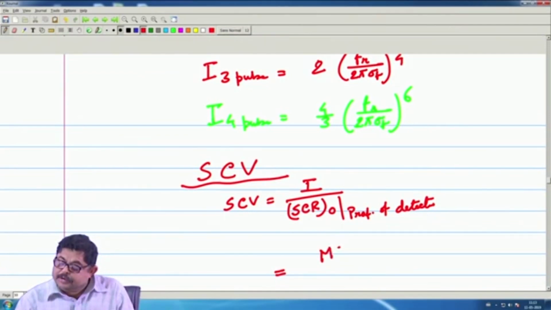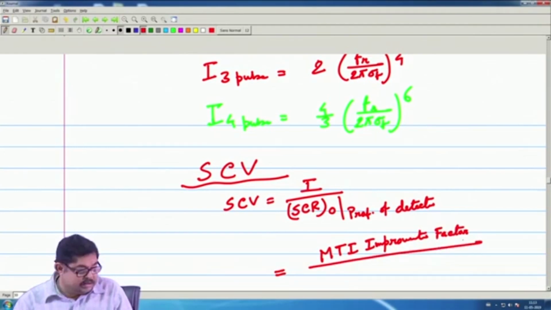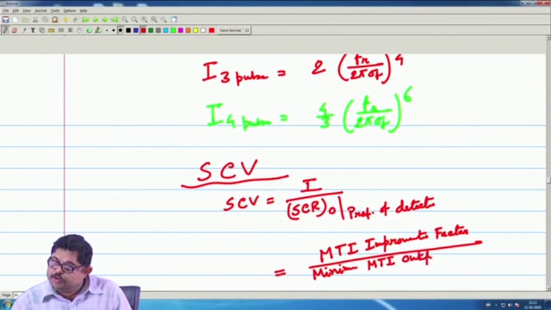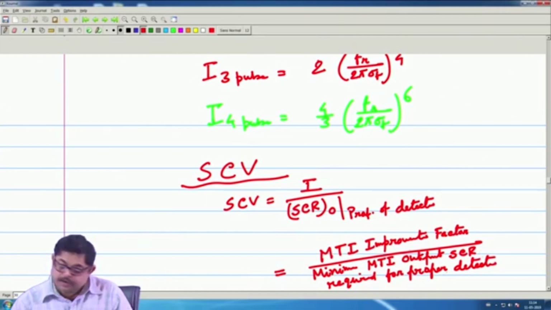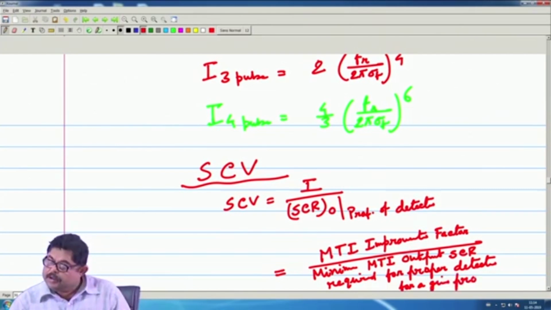Actually, the numerator is the MTI improvement factor, but the denominator is the minimum MTI output SCR required for proper detection for a given probability of detection.